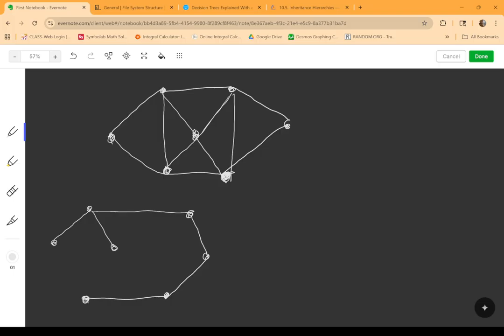And now this is a spanning tree. Notice it includes all the vertices, and it is a tree. And it's not the only one.